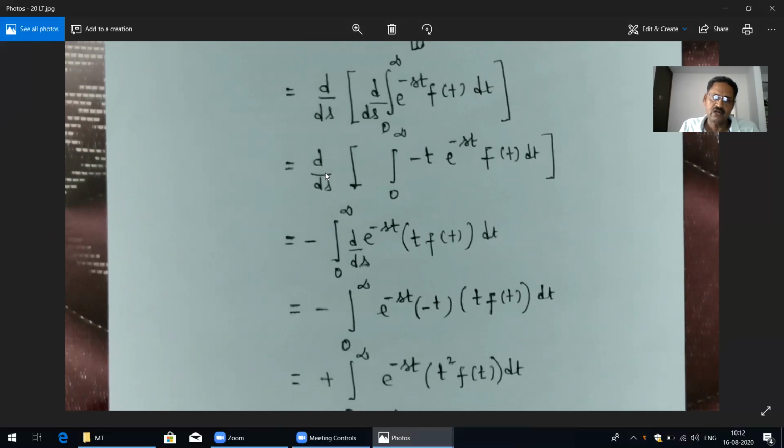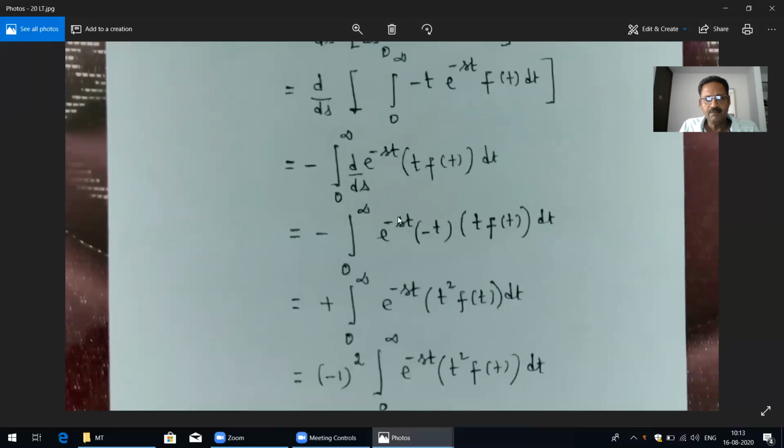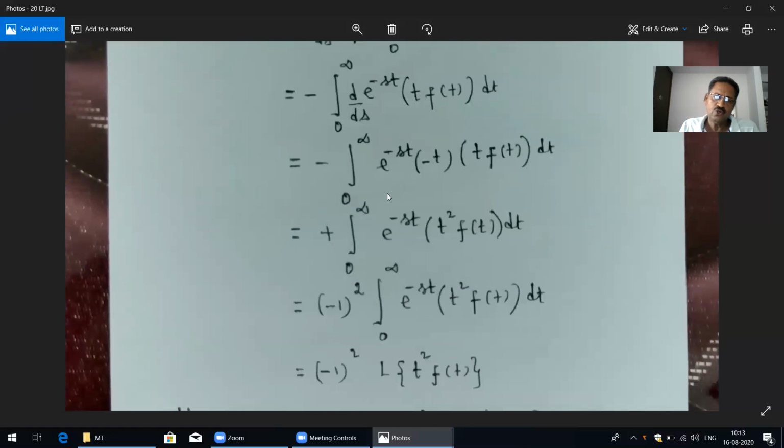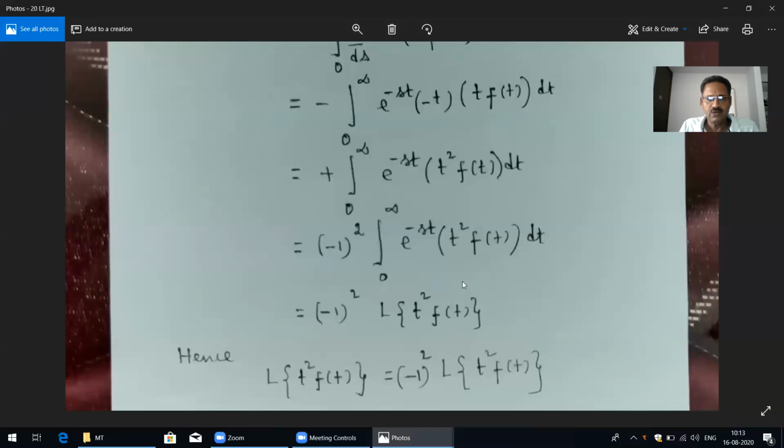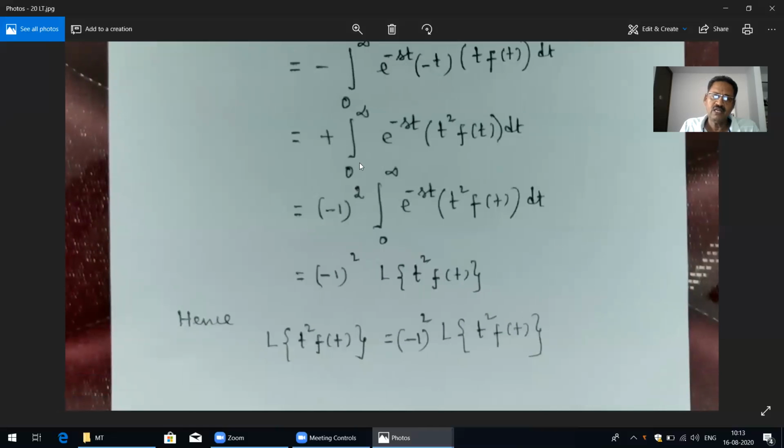Again you take d by ds inside, and you get e power minus st times minus t, times t f(t) dt. The minus signs combine and we get positive. So we have the integral from 0 to infinity of e power minus st, t squared f(t) dt.